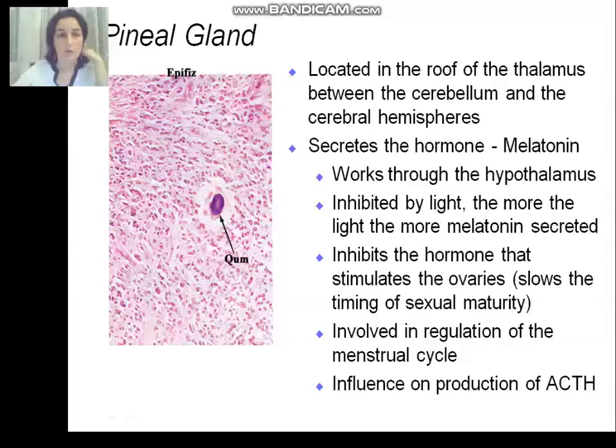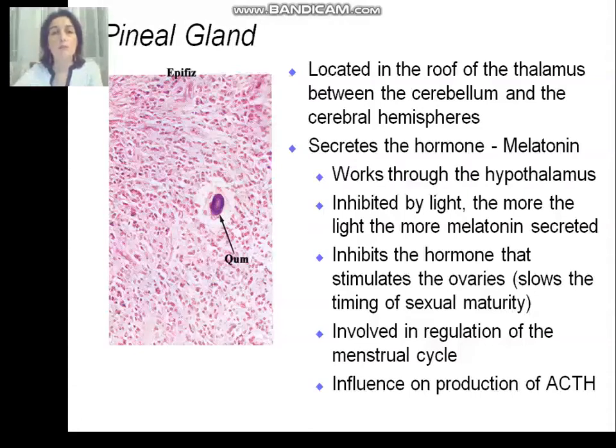Also, inside of the pineal gland we can find brain sand, which is accumulations of calcium salts with a glycoprotein core. The amount of them increases with age, and that is a marker for recognition of the epiphysis in MRI investigations.